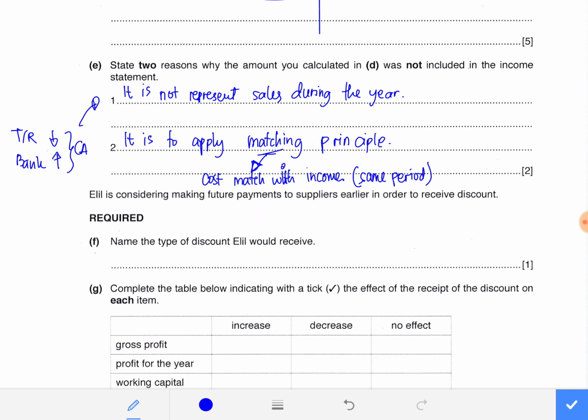So if there is an accrual or a prepayment, you have to exclude it or include it in the calculation so that you will have the full amount of sales or full amount of expenses during the year. Then if they are matched in the same period, you can deduct the expenses from the sales.